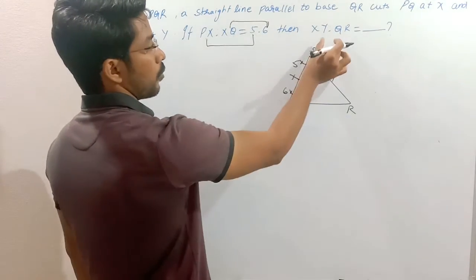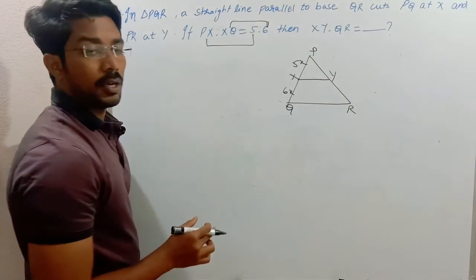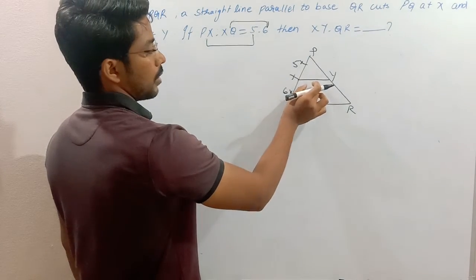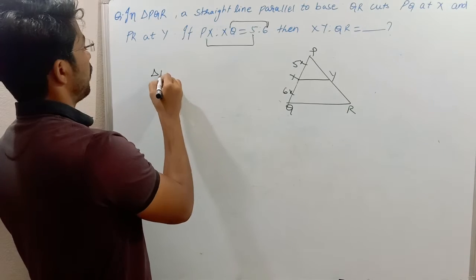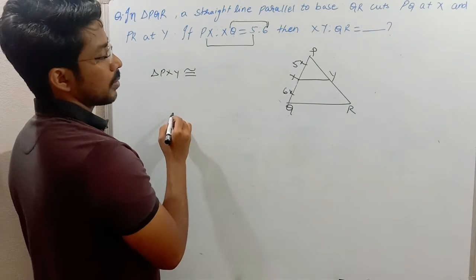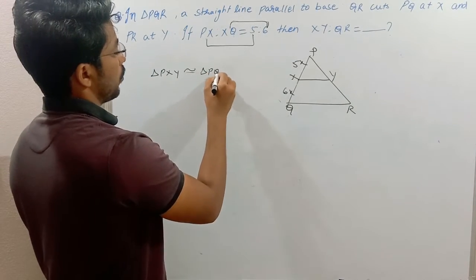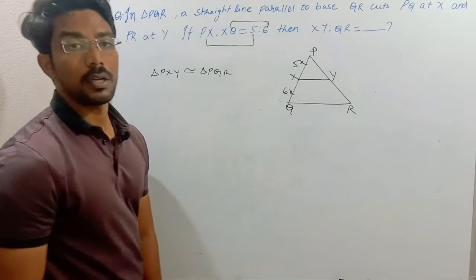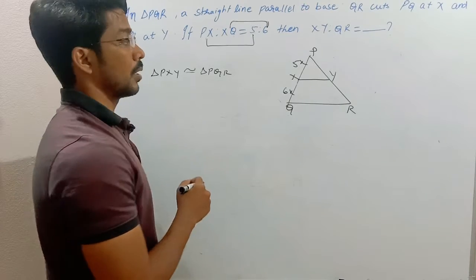We have to find the ratio of XY and QR. If we consider this triangle, we can see that there are two triangles in this figure. Triangle PXY is similar to triangle PQR. By applying the properties of similar triangles, the corresponding ratios should be equal.